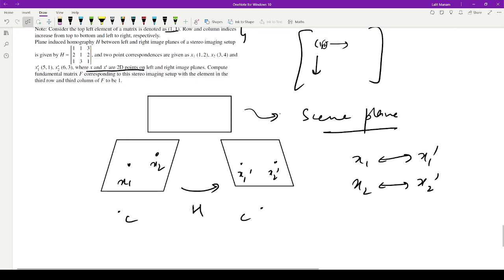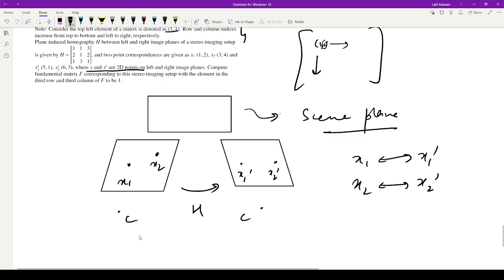Any idea? Homography is given, so we need to find E prime, the right epipole.